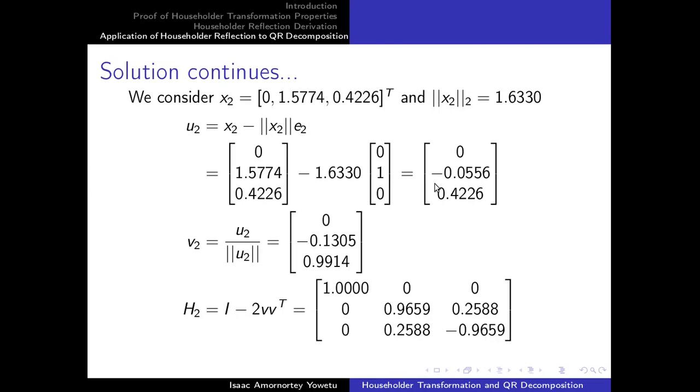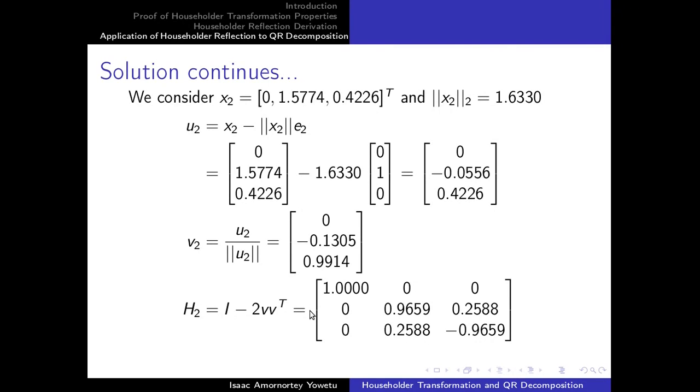Having obtained our u2, we plug it in, and then eventually we get our v2. And from our v2, we can now go ahead to get our Householder reflection matrix again.